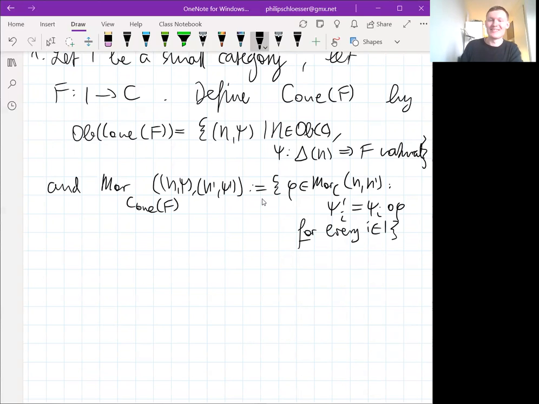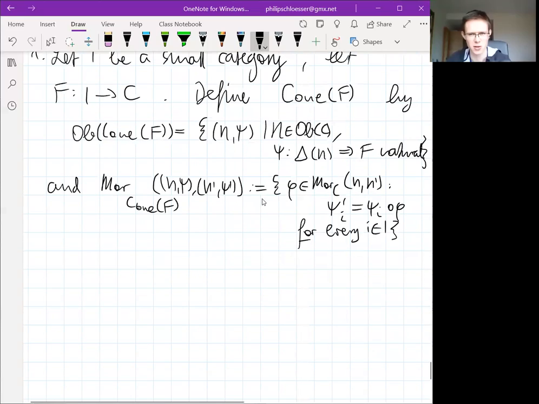This doesn't really seem nice. So when we write all of this out, can you explain the definition of the objects of the cone again?